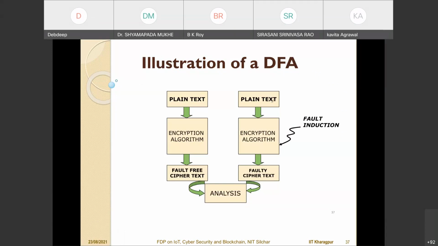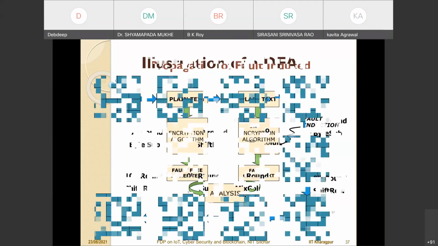Differential fault attacks essentially mean that you take a plain text and apply an encryption algorithm, and you get a fault-free cipher. Next time when you want to do an encryption, you do some kind of fault injection, and the fault injection results in a faulty ciphertext. The question is whether, by analyzing the fault-free cipher and the faulty cipher, you can do an analysis which will leak the secret key.